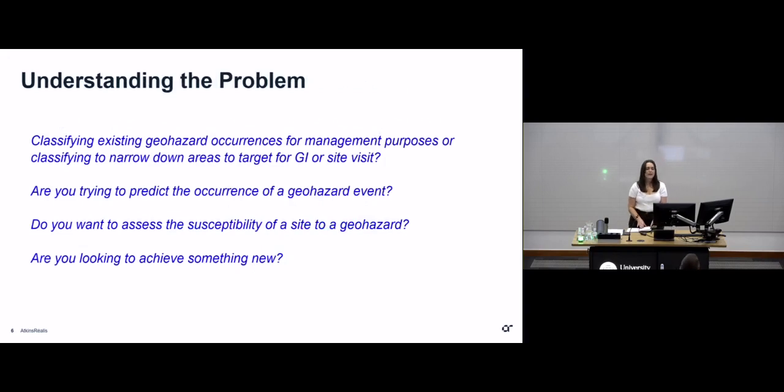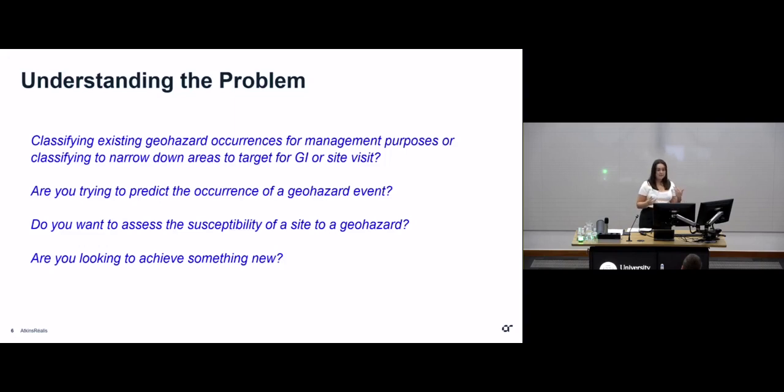First, we really want to understand the problem of why you would do machine learning. Are you trying to classify existing occurrences for management? Do you want to narrow down your areas to target? For example, if you've got a large area and you want to do ground investigation or reconnaissance for a site visit to go and see some features. Are you trying to predict the occurrence of events?